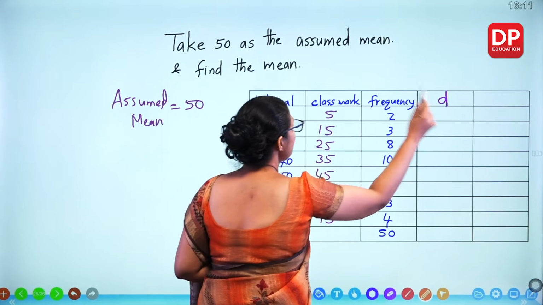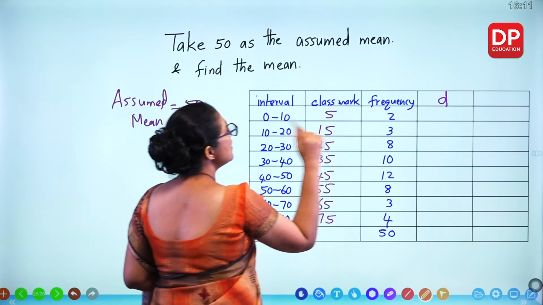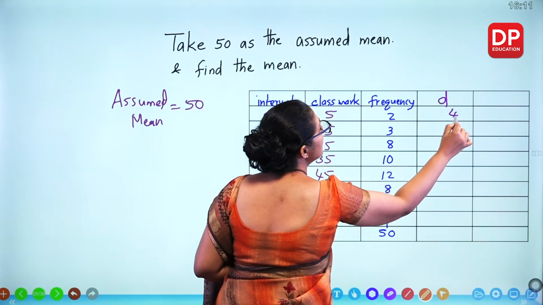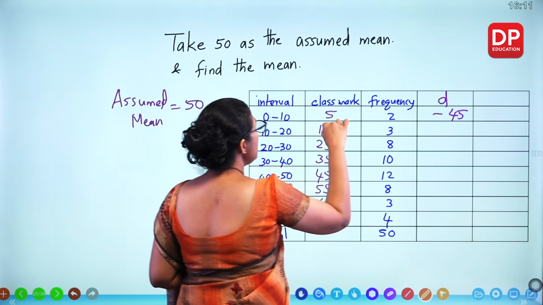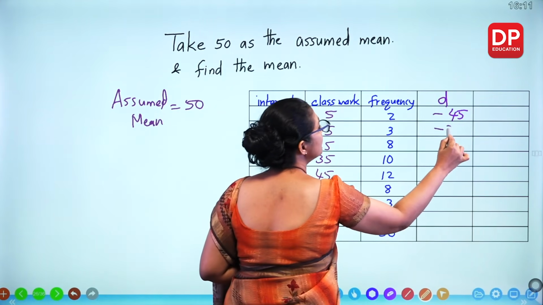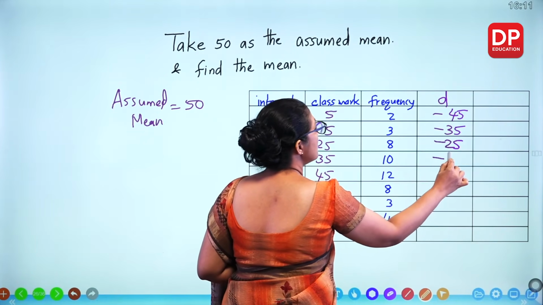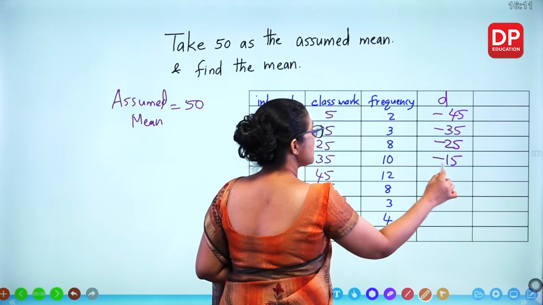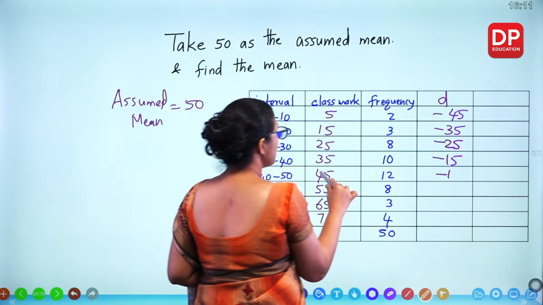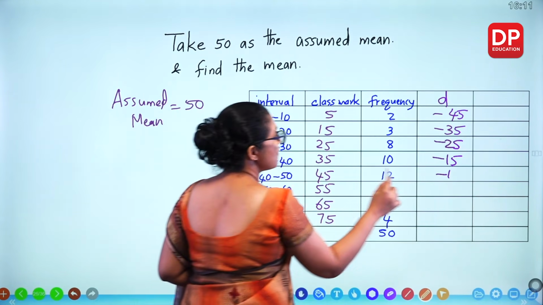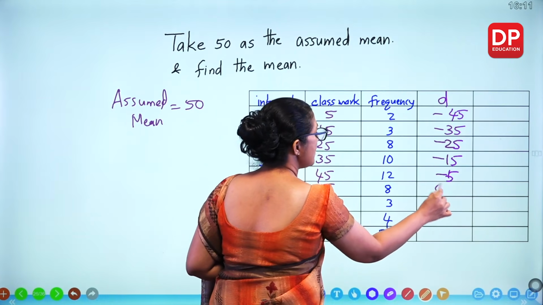Now take the difference. 50 and 5, 45. 50 and 15, 35. This one 25. 15, then 5 and 0.